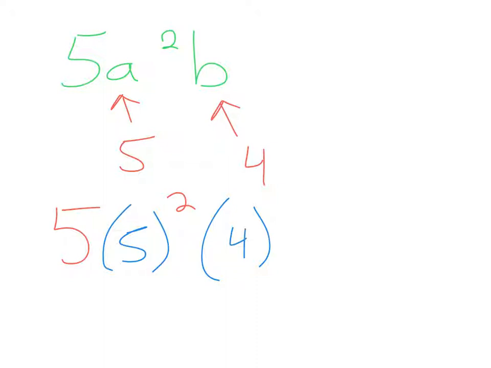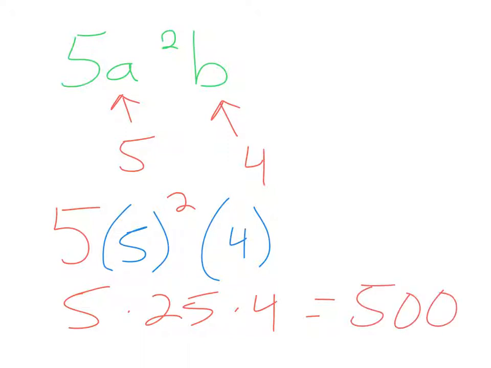So 5 squared is 25, so I'm left with 5 times 25 times 4. It's all multiplication. If I were to multiply those 3 numbers straight out, I get 500. So that's our substitution. That's one thing you can do with those variables. If you figure out what those variables stand for, you just plug them right in.